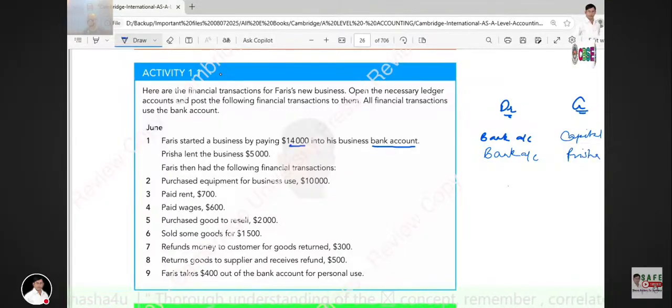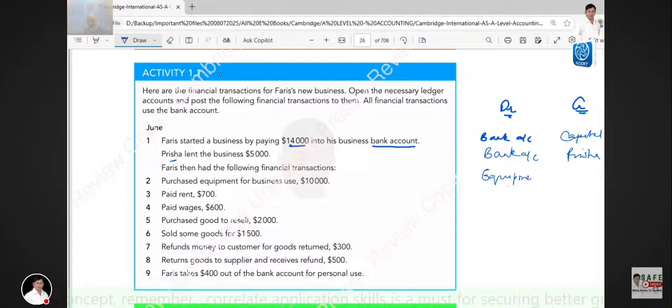By balance brought down you write 1,80,000. Creditors is 1,80,000. In the trial balance, it is a credit balance. So by balance brought down, 1,80,000 you write.